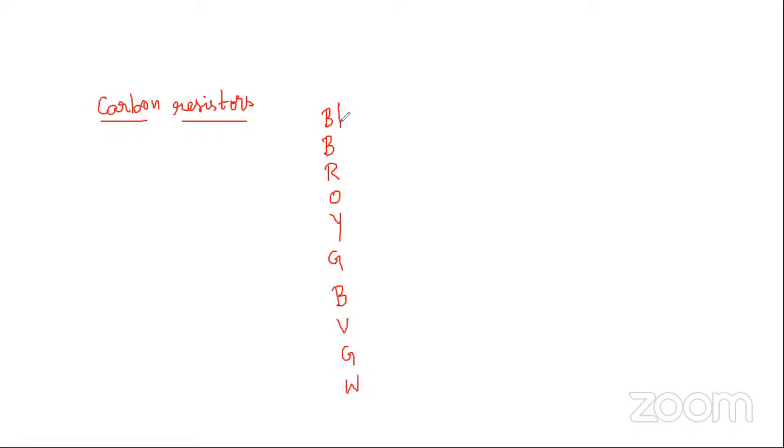So B means black, and this is brown, and red, orange, yellow, green, blue, violet, then gray. So that is BB Roy. This is how you need to write down the order.